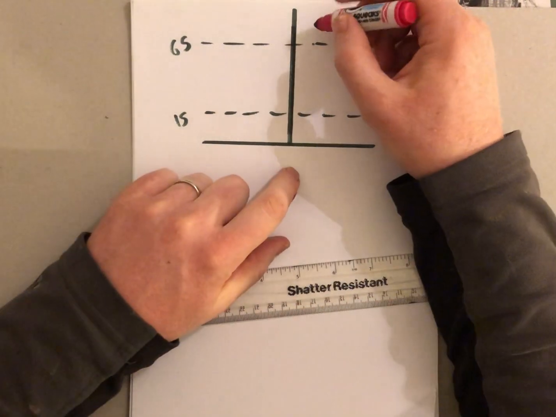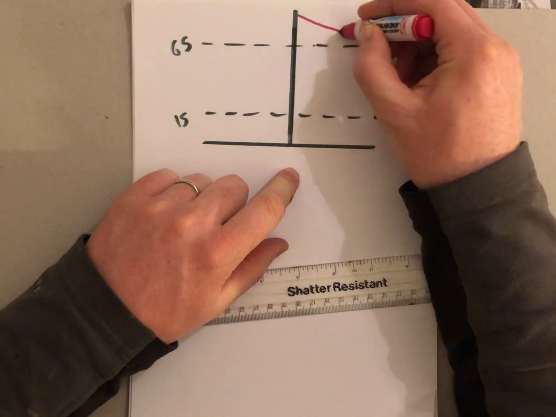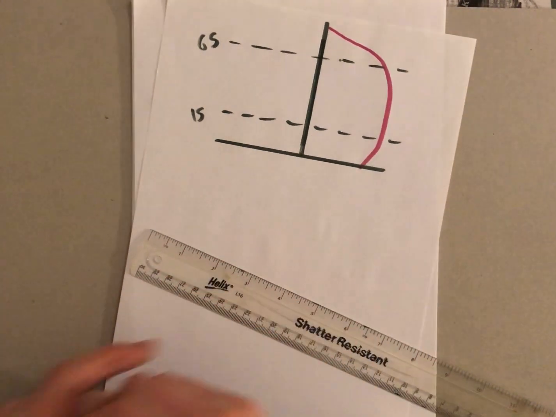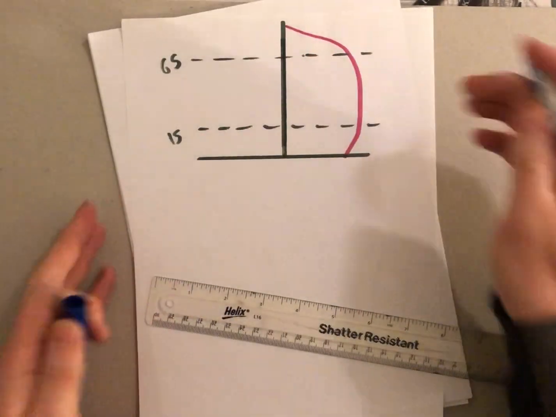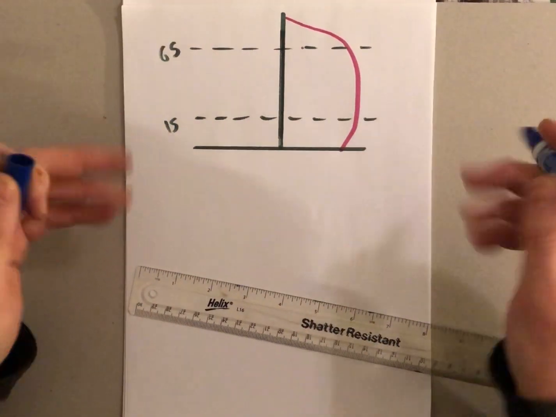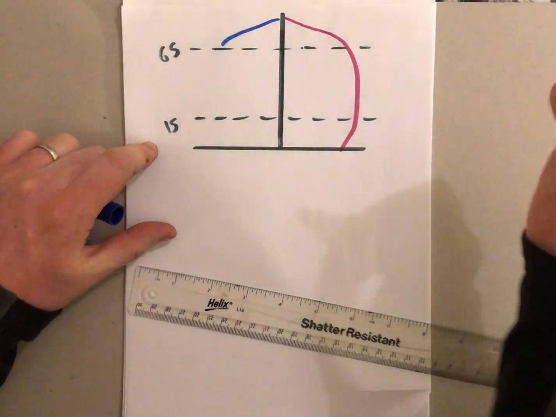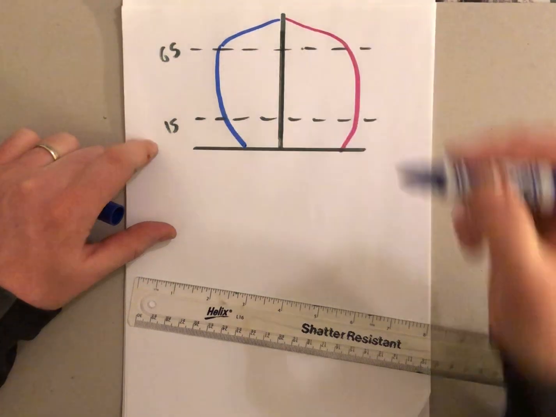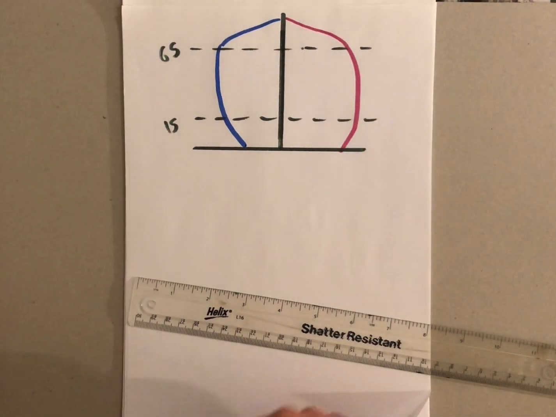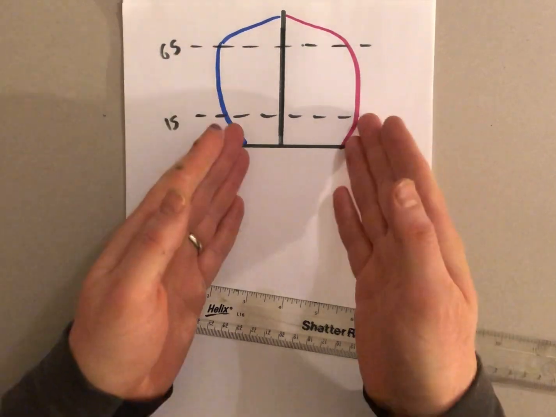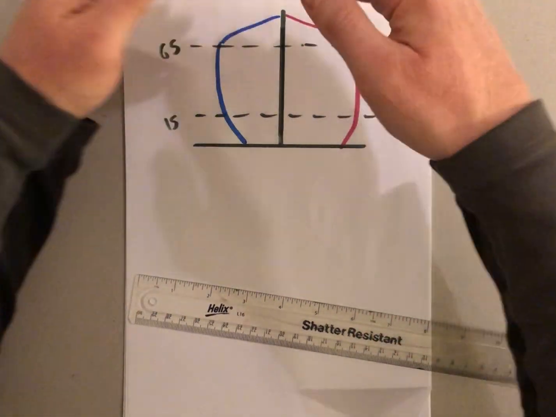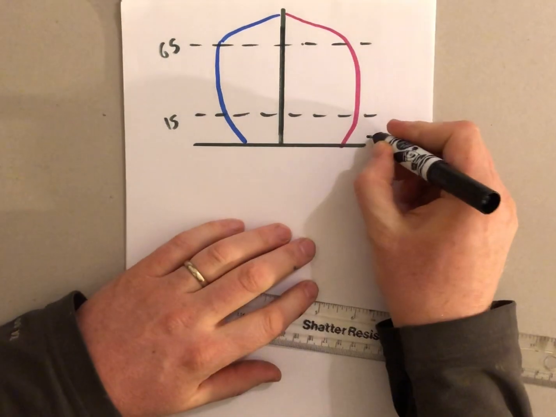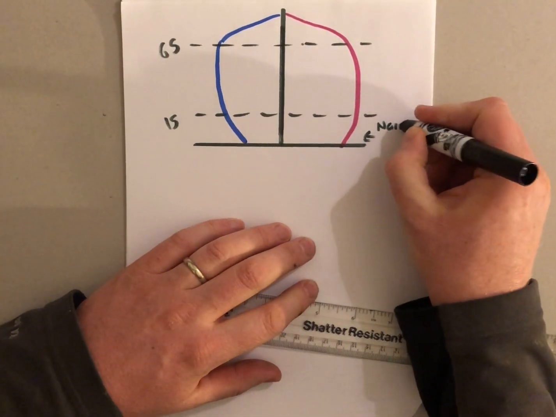We might see something a bit more like this, where it doesn't really look much like a pyramid. It's got generally straighter sides, it's generally narrowing at the bottom, and then it's got a quite flat, broad top.